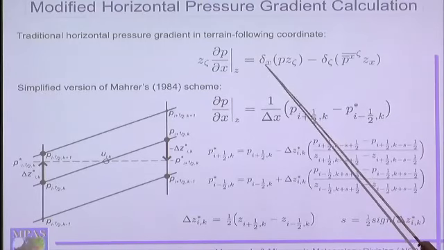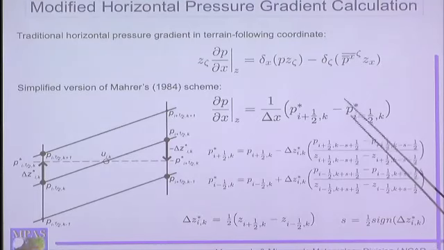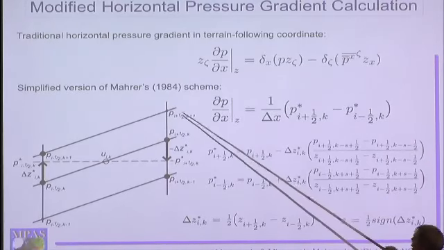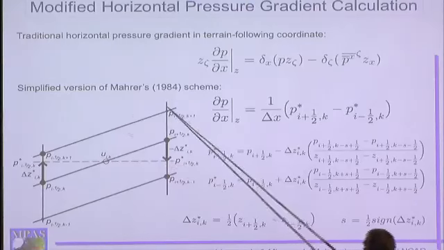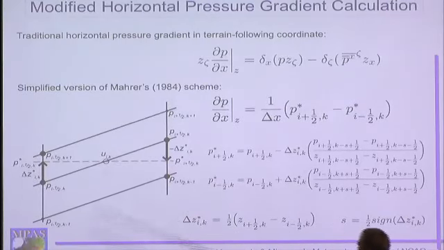This is written in a form that's d by dx and d by d zeta, so it's a nice conservative form sitting in the horizontal momentum equation. But you see this averaging that's needed to get vertical pressure gradients is essentially over 2 delta zeta, and they have to be interpolated back to this velocity point with the C-grid staggering.